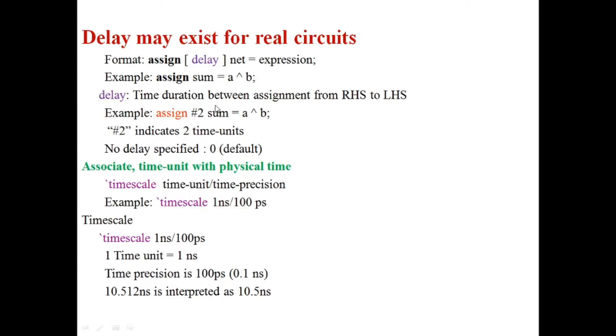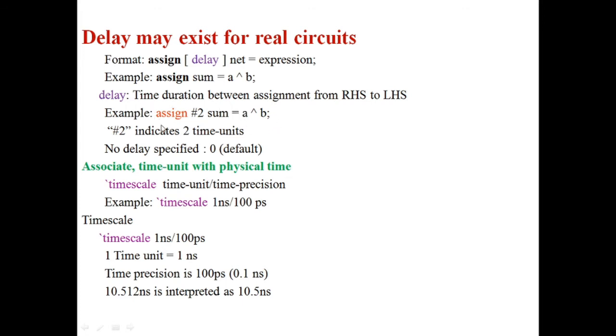The format for specifying any delay is assign hash delay net, because the LHS should be of data type net, equal to expression. The RHS may be an expression or a scalar, register or vector data type. So assign sum equal to a exclusive or b has no delay here. As soon as the a exclusive or b operation is performed, the value is evaluated to the output.